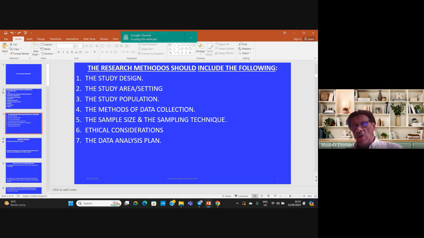In addition, we have to describe the sample size and how we estimate the sample size, which formula we are using for estimation of the sample size, and if we are using a statistical package or software, you have to describe exactly how you estimated the sample size.